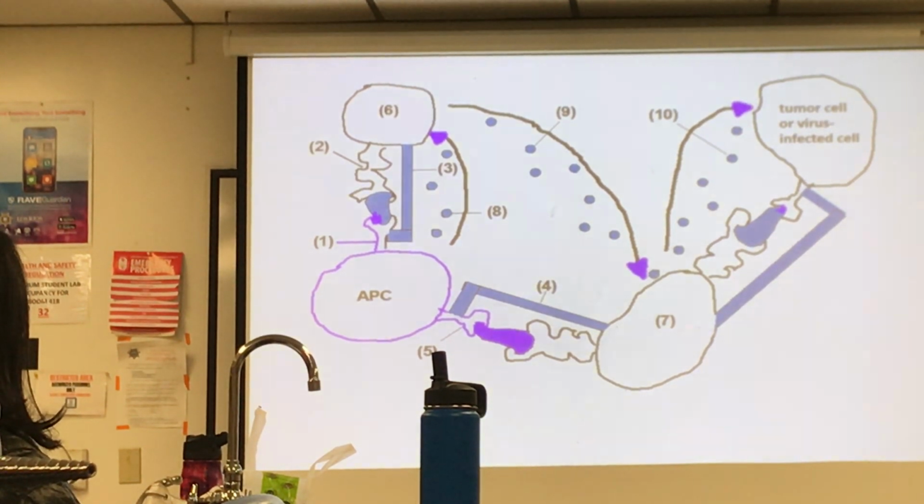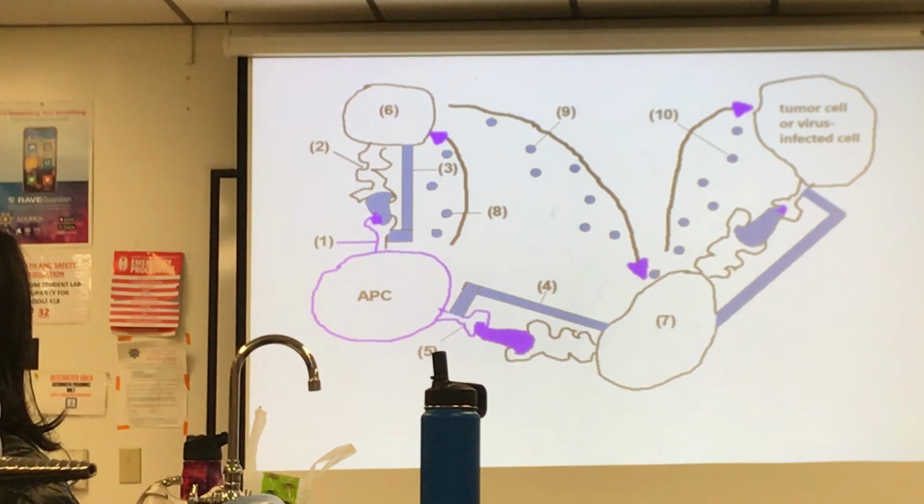The T killer cell doesn't have to stay bound to the macrophage. It finds that same antigen on a cell infected with the virus, same TCR, same CD8, but now the T killer cell kills that virus-infected cell through the release of perforin and granzymes. Okay?